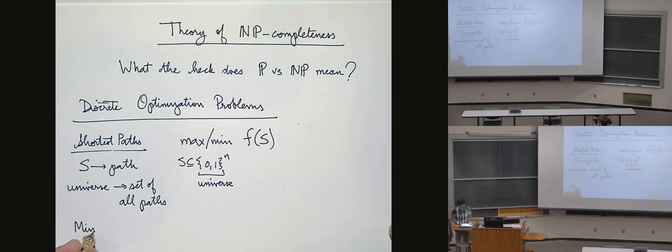We did minimum spanning trees. So in minimum spanning trees, S is essentially a spanning tree, and the universe could be sets of spanning trees, or even more simply, it's just a set of edges.